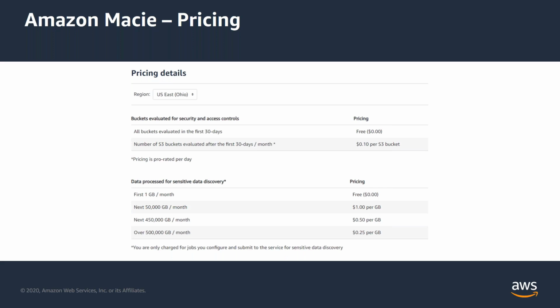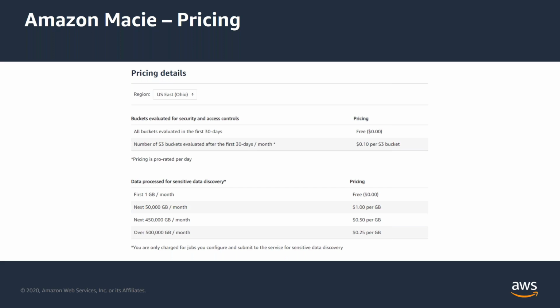And after the free trial expires, it's a mere 10 US cents per S3 bucket per month. So even if customers have up to 1,000 buckets, that is $100 a month for customers to gain visibility, have inventory evaluation feature available, and also have security posture highlights and alerts available with regards to their S3 buckets.